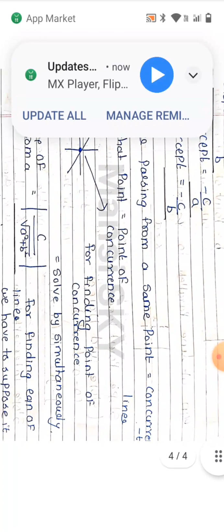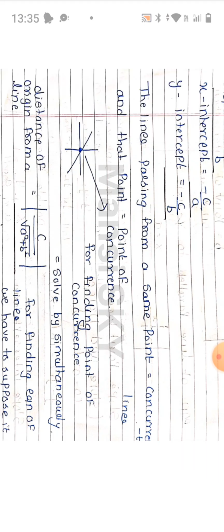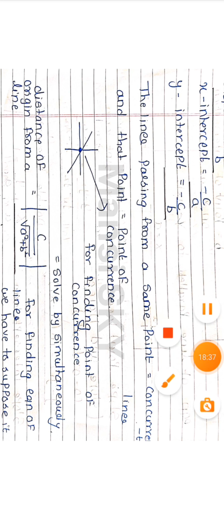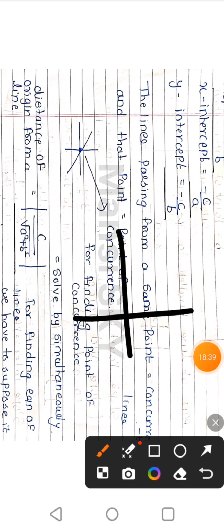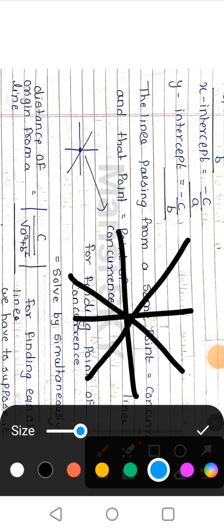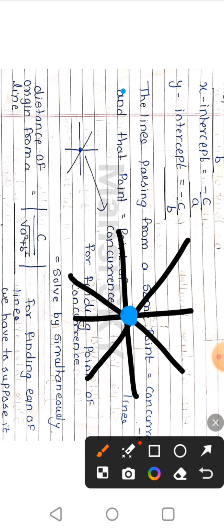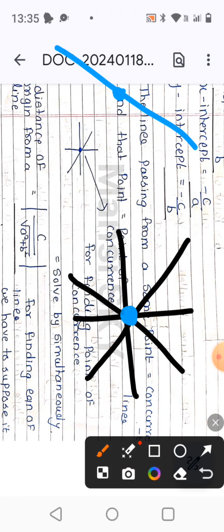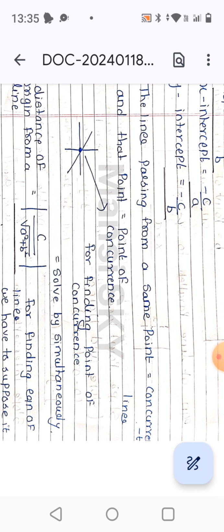Then there is one concept which is concurrent lines or point of concurrence. If we have lines like these, and they are intersecting at this point O, with many lines passing through this point, then those lines are concurrent lines.